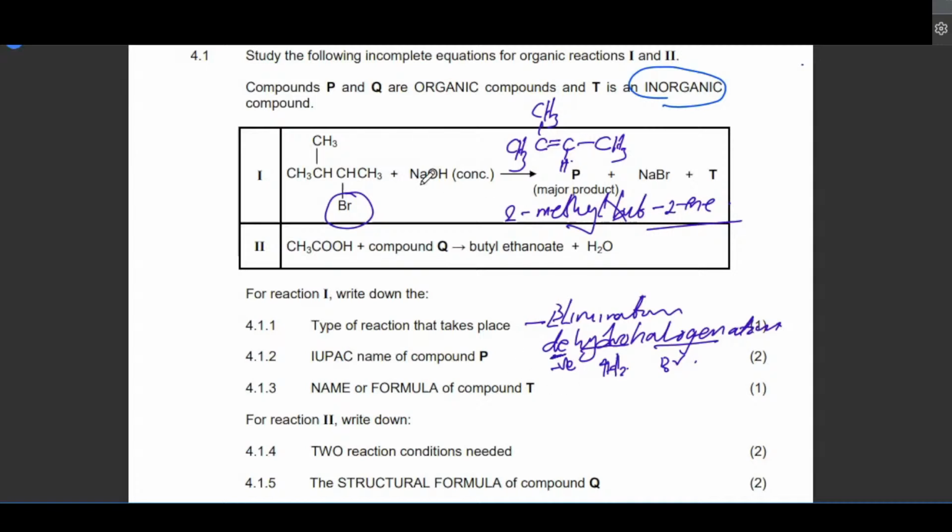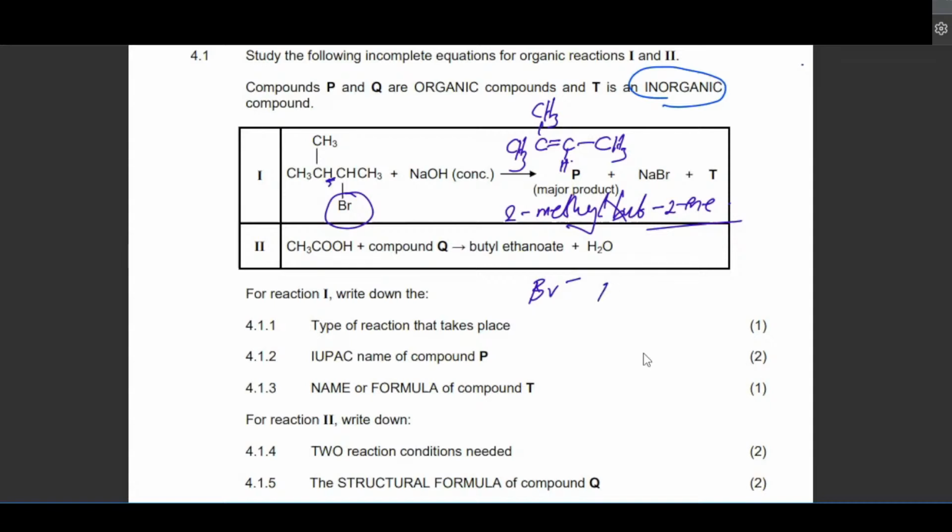Because I lost this bromine, yes, the bromine will react with sodium hydroxide. Okay, let me show you. I lost the bromine, so now the bromine is there hanging. And also, you see here, there was a hydrogen, so the hydrogen is lost and is also hanging.